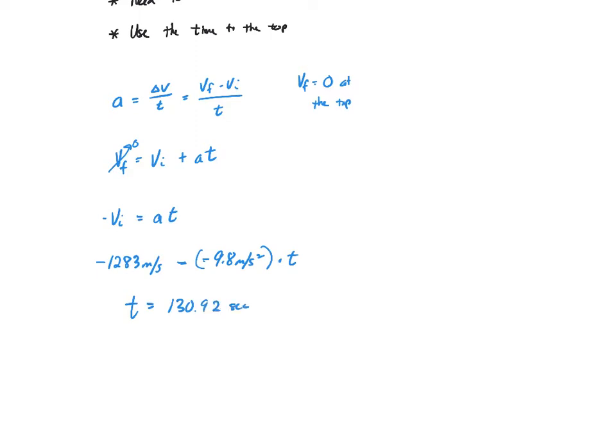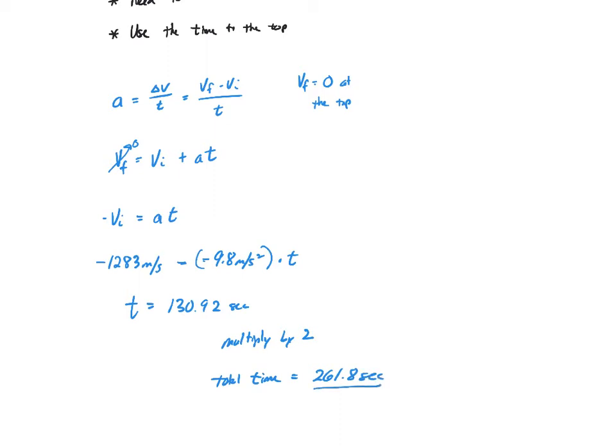But remember, that's just for half of the journey. So I need to double that time in order to find out how long that projectile is in the air, which is the time that I need to find that horizontal distance or that range. So multiplying that by 2, I end up with about 261.8 seconds.